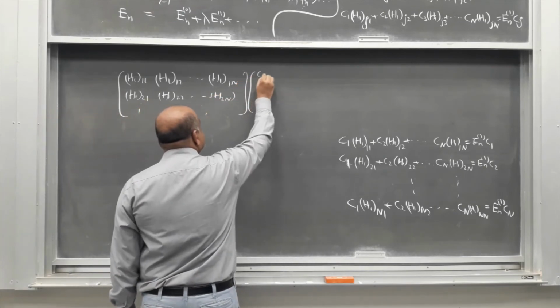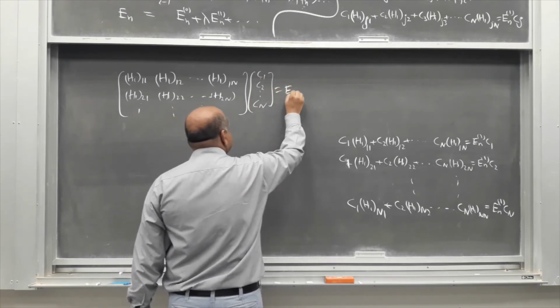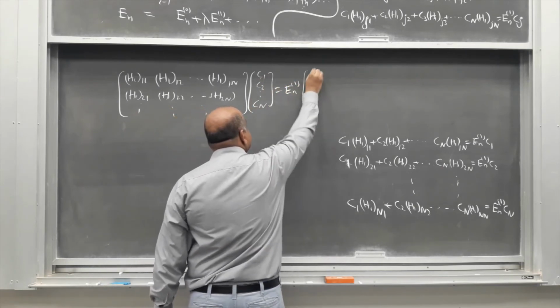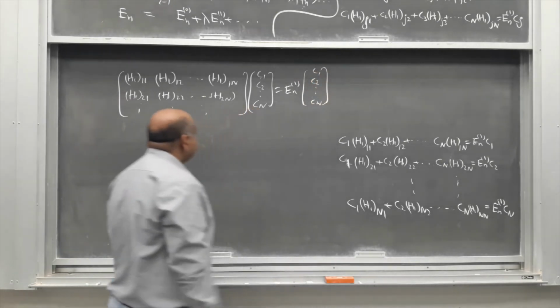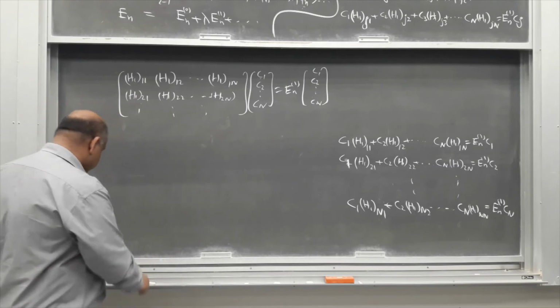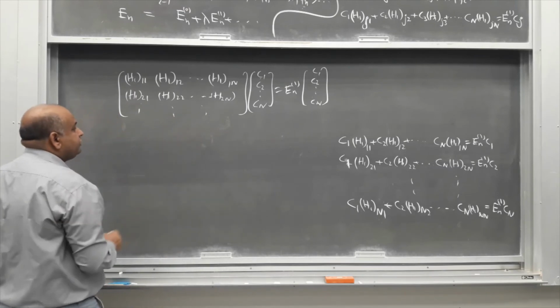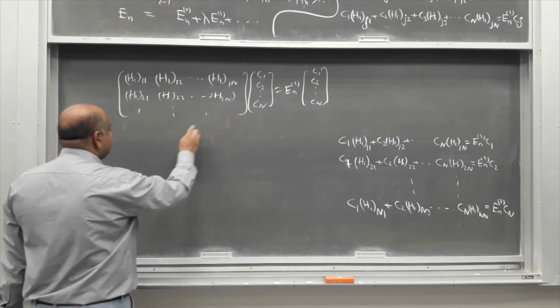Here I have C1, C2, up to Cn. This En1 is the same everywhere, so it's common. This is an eigenvalue equation, essentially. So I can rearrange it like this.